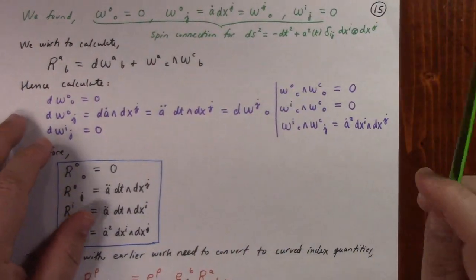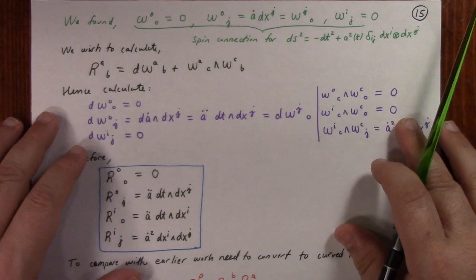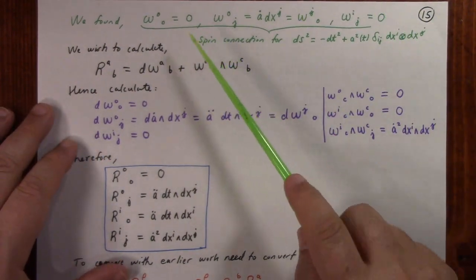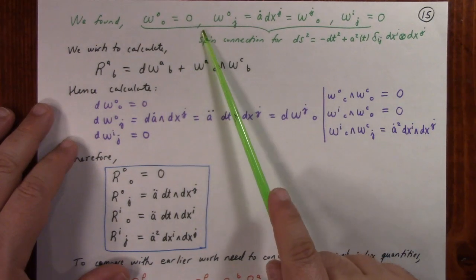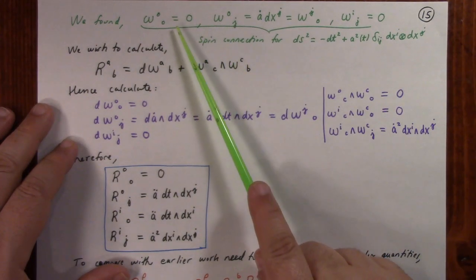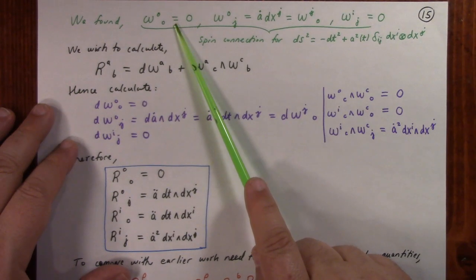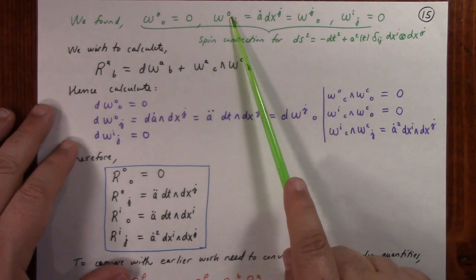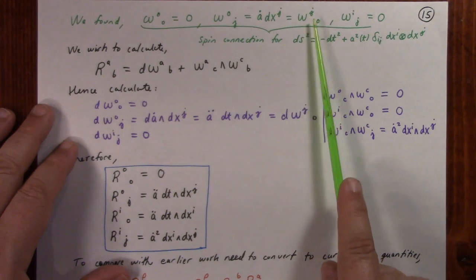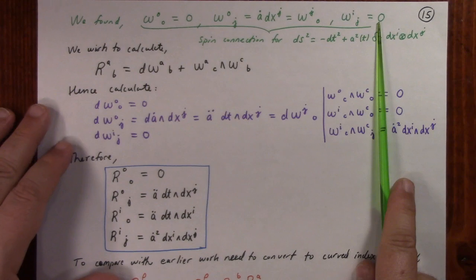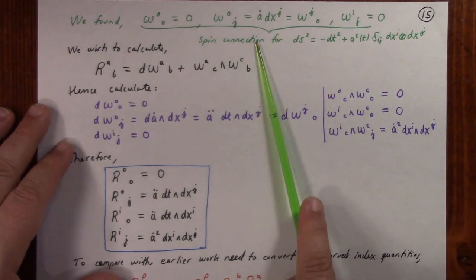And this is the nature of the exterior calculus. It involves these kind of slightly sideways calculations, all right? So we found that the spin connection for this example has omega^0_0 equal to 0, omega^0_j equal to a-dot dx^j, which is equal to omega^j_0, and omega^i_j is 0. So that's the spin connection for this ds squared.